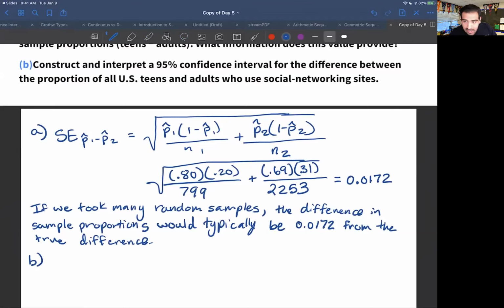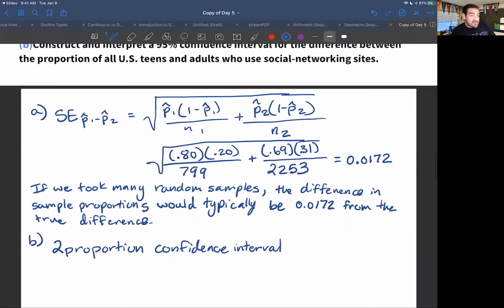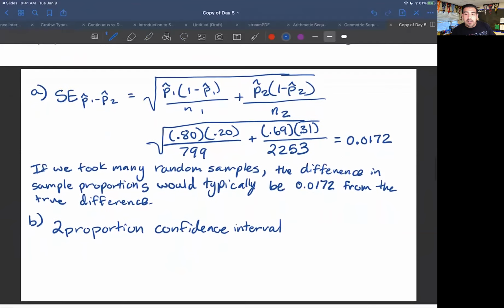So I'm going to do a 2 proportion confidence interval. You could say the difference of 2 proportions confidence interval, right?